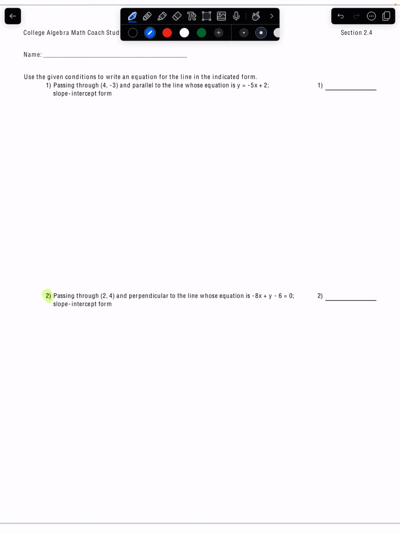So, just like previous problems, first we need to get the slope, and then plug into y minus y sub 1 equals m times x minus x sub 1.